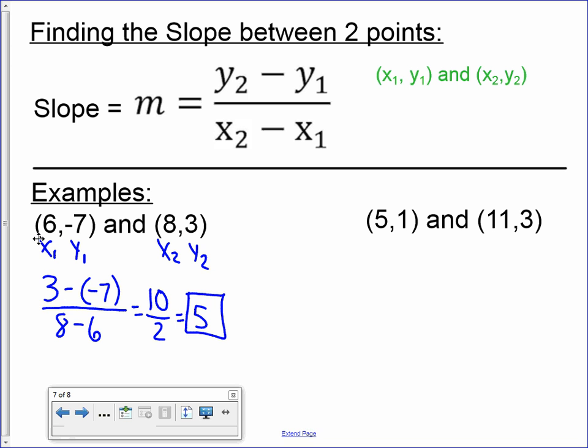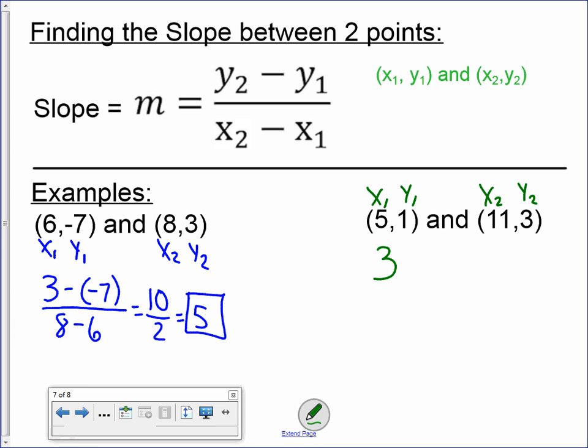In the second example, here is x1, y1. Here's x2, y2. I'm going to take the following numbers and plug them in for their appropriate variables.